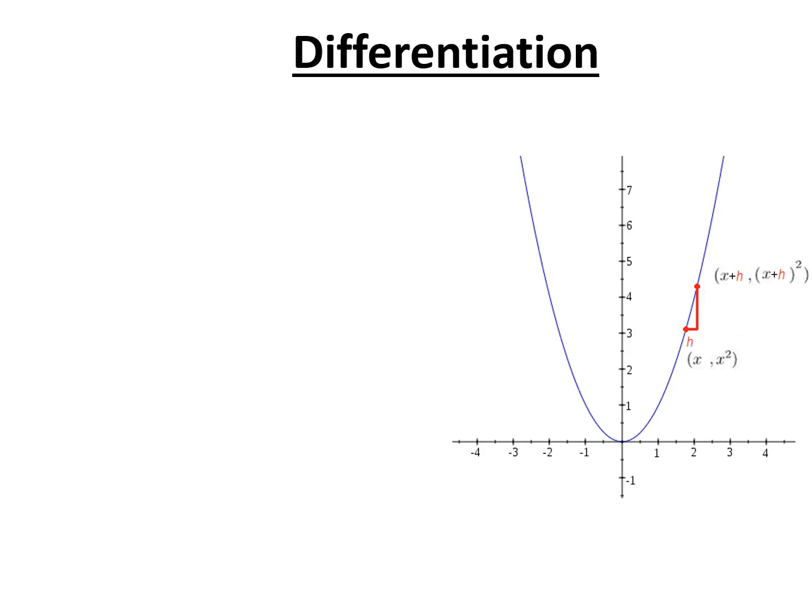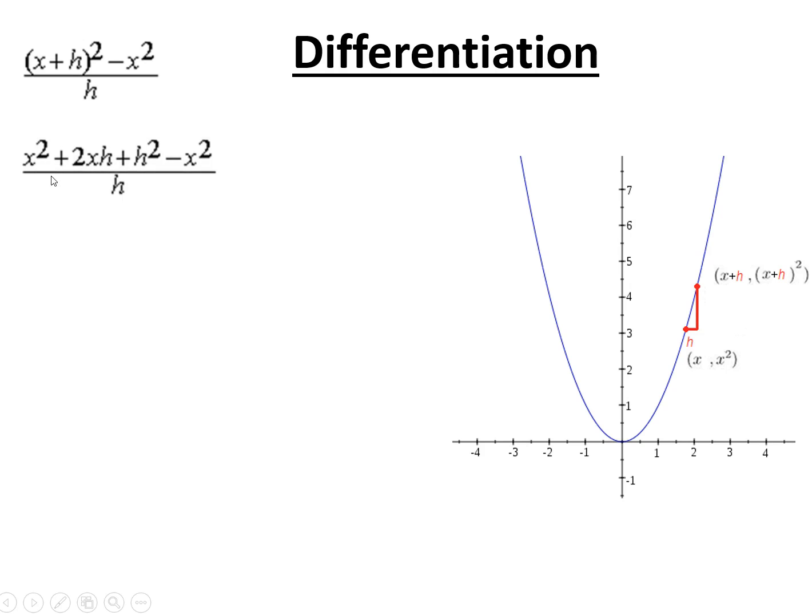And then we know differentiation's dy by dx, so we've got the difference in y values, x plus h all squared minus x squared, and our difference in x values, which is x plus h minus x, which is just h, as shown up here.